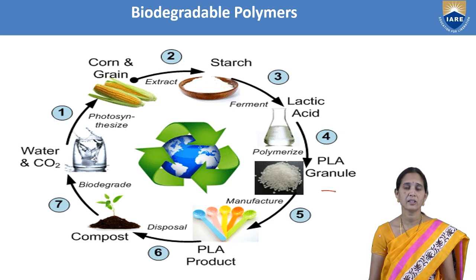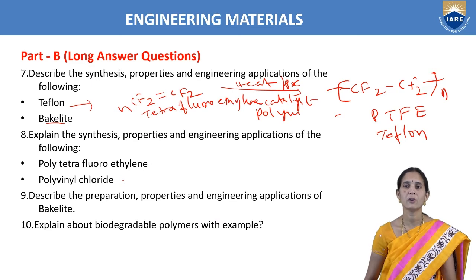By using polylactic acid, we are going to prepare plastic spoons. After using the spoons, we will discard them. And these materials will be decomposed by the presence of bacteria. And the products we are getting are water and CO2. So that we have to write here biodegradable polymers.